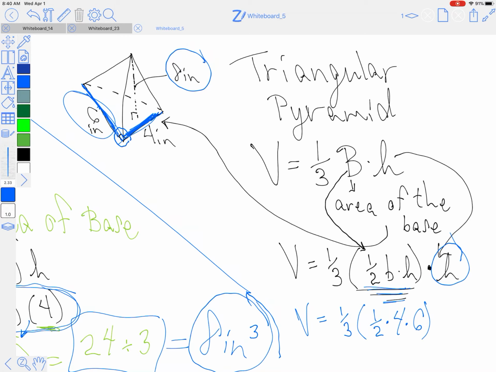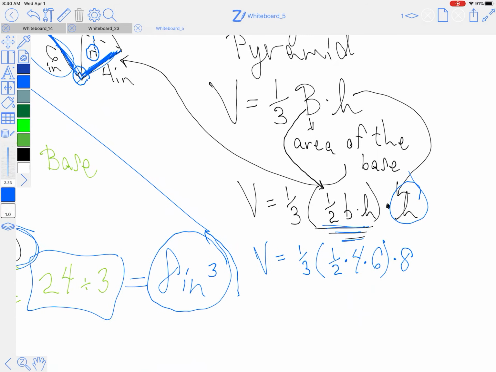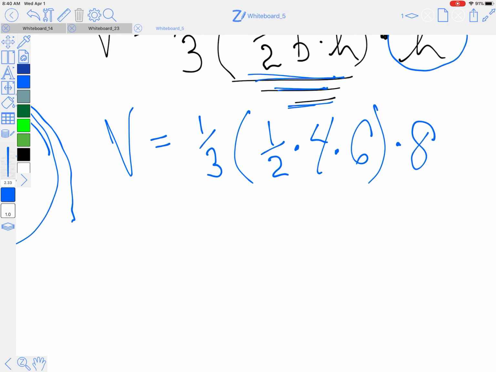And again, just like the last one we talked about, it's that one that goes into the middle of the pyramid and connects to the bottom at a 90-degree angle. So that's what you should be looking for when you're looking for that overall height. Now we just need to make sure we put this in or figure this out correctly. I like to just look at the parenthesis first, and even inside there do half of 4.